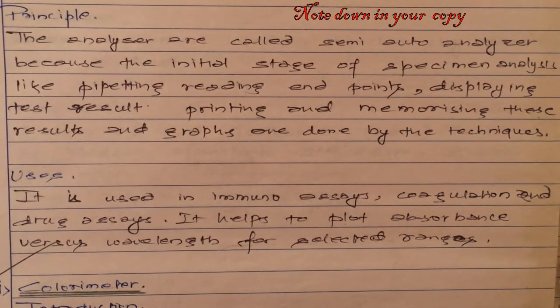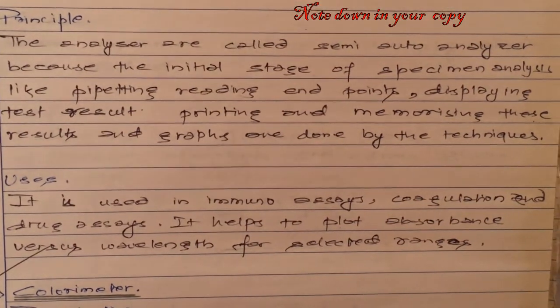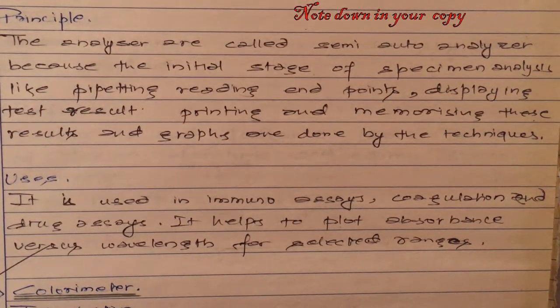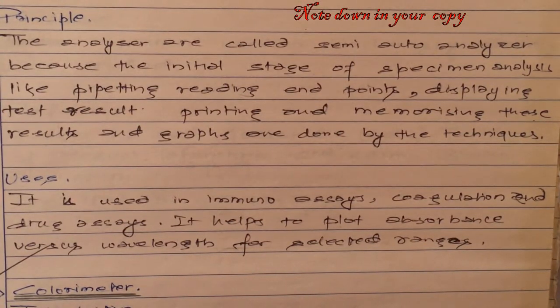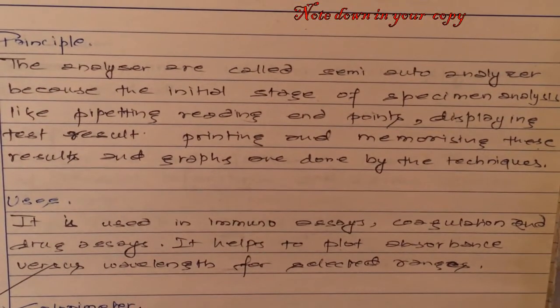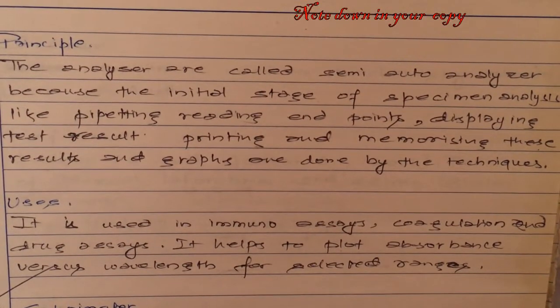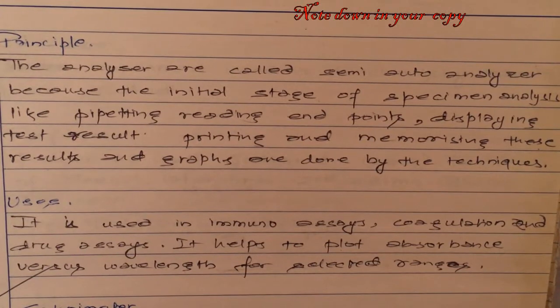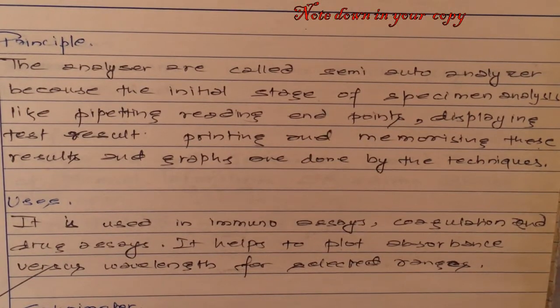The analyzers are called semi-auto analyzers because the initial stages of specimen analysis, like pipetting, are done manually, while reading endpoints, displaying the test result, printing and memorizing these results, and graphs are done by the machine. Its uses are in immunoassays, testing coagulations and drug assays. It helps to plot absorbance versus wavelength for selected ranges.